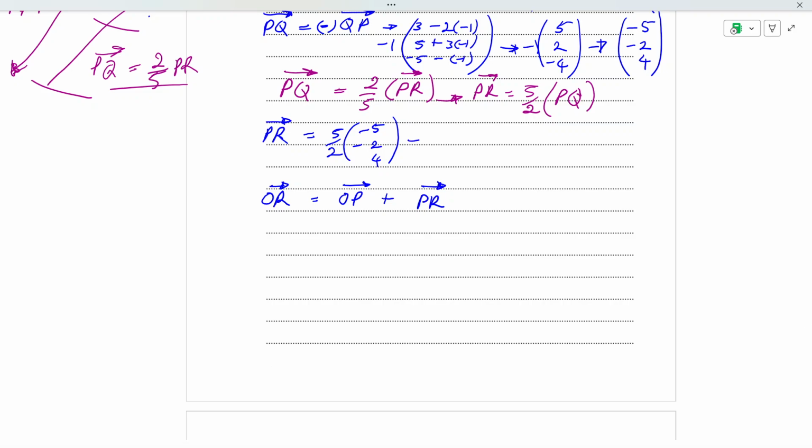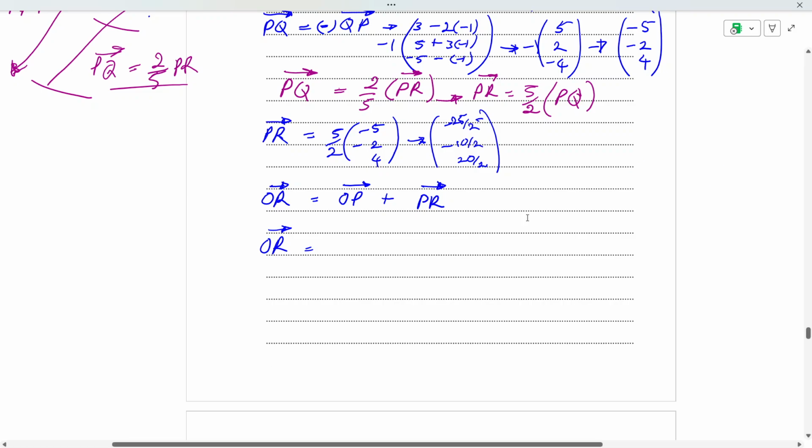So this is equal to -25/2, -10/2, and then +20/2. That is what PR is equal to. That's direction PR, and OR will be equal to R.